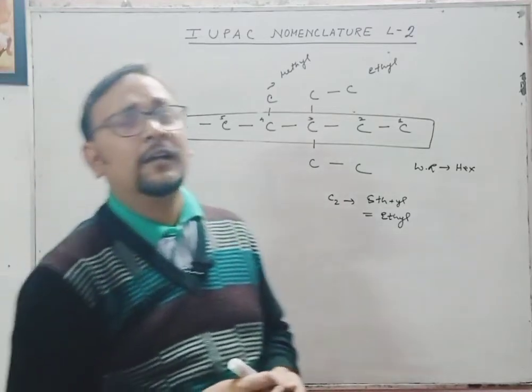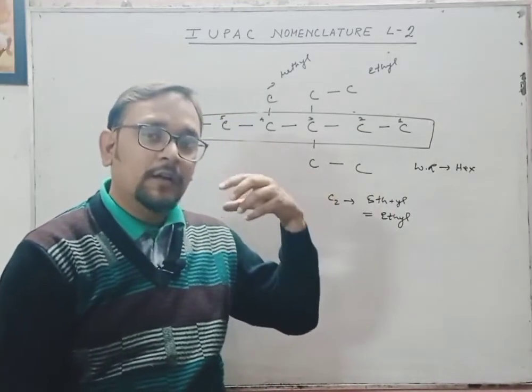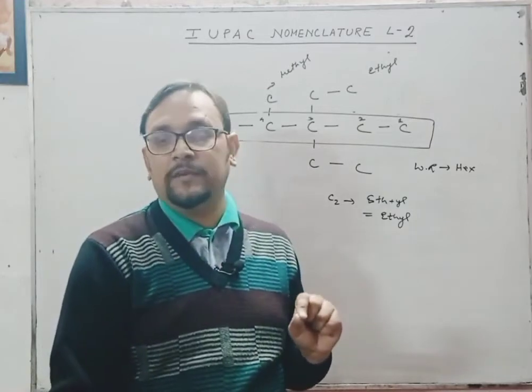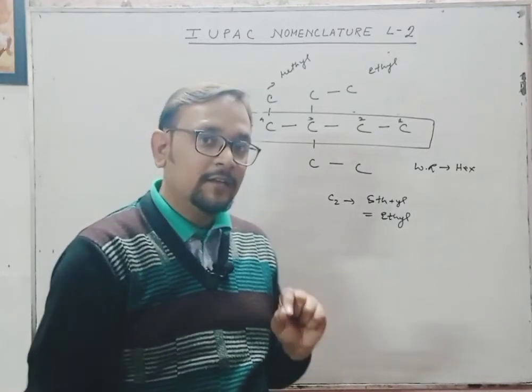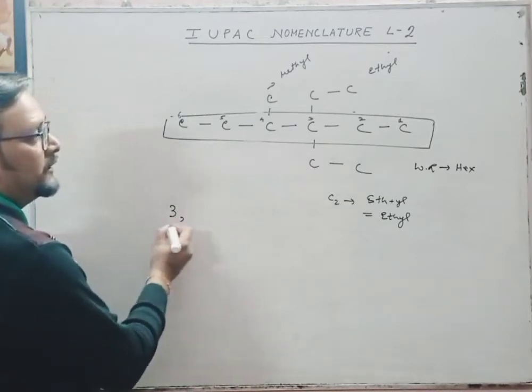When to give a comma? When you write 2 or 3 consecutive locant numbers, then only you will give a comma. Comma you will not write in between the alphabets. Clear? During the nomenclature, comma we will use only in between the numbers.